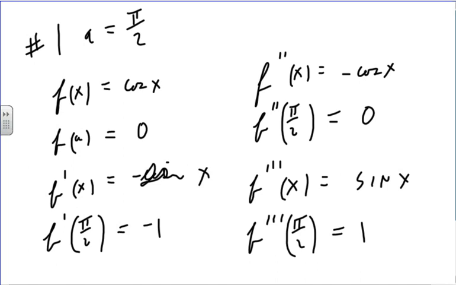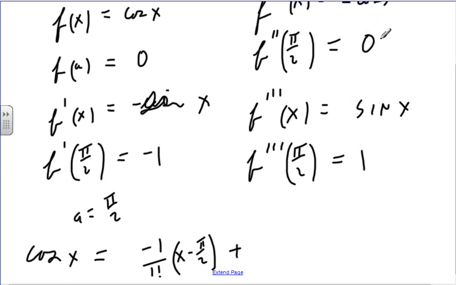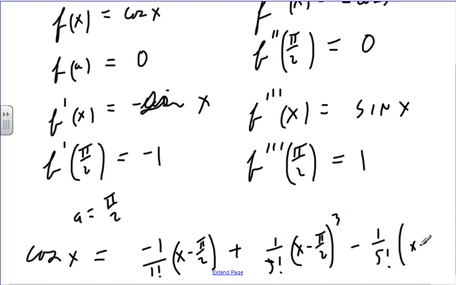So my series expansion of cosine x about the point a equals pi over 2 is going to equal 0 minus 1 over 1 factorial x minus pi over 2, plus the squared term goes away, 1 over 3 factorial x minus pi over 2 cubed, minus 1 over 5 factorial x minus pi over 2 to the 5th.